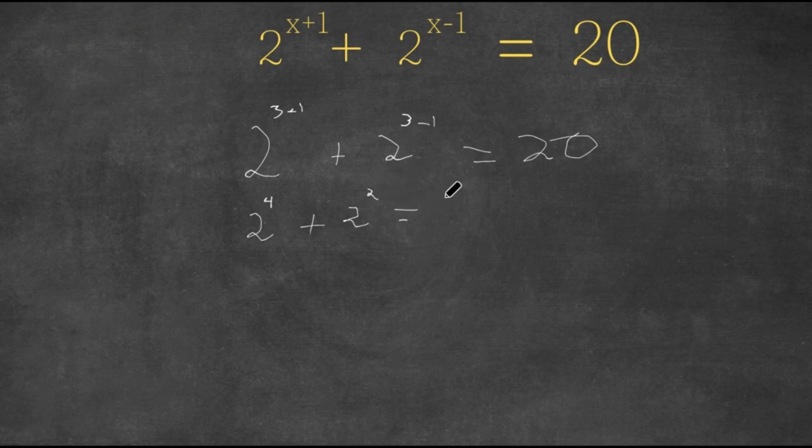And this equals 20. 2 to the power of 4 is 16 plus 2 squared is 4. So we have 16 plus 4 equals 20. And 16 plus 4 is 20. So 20 does indeed equal 20.